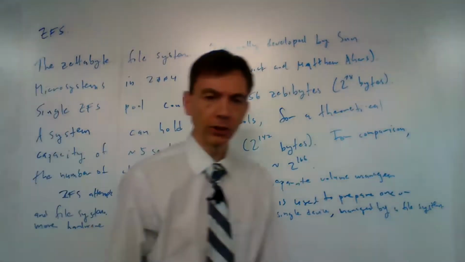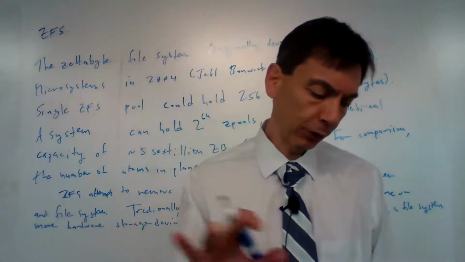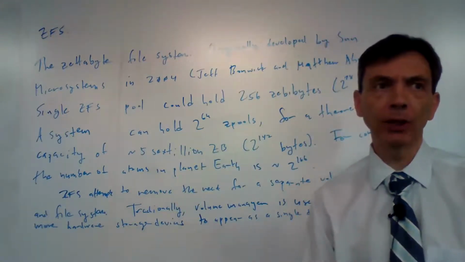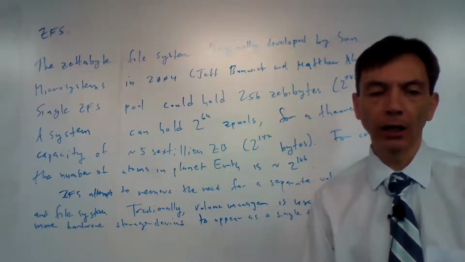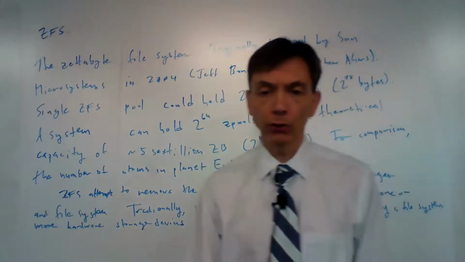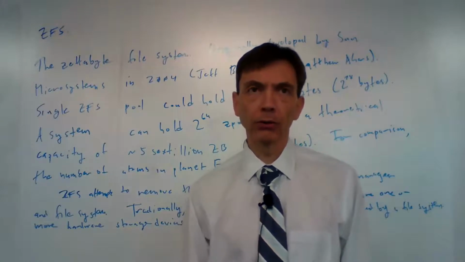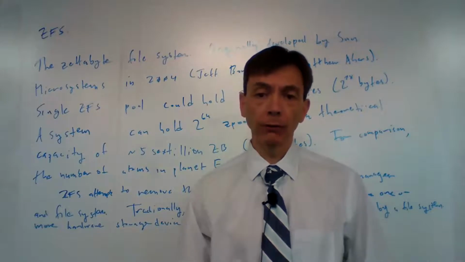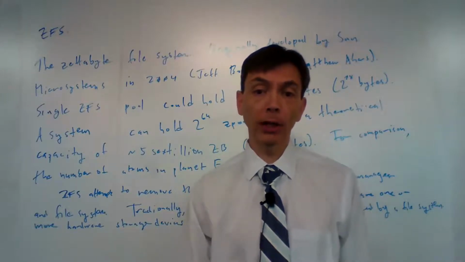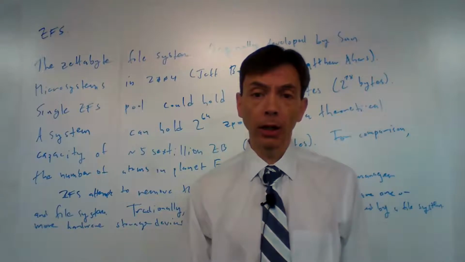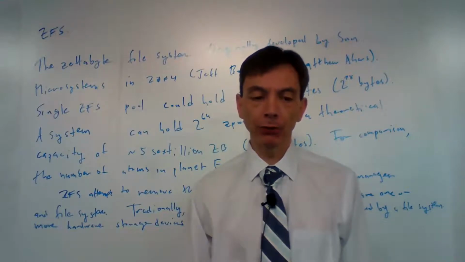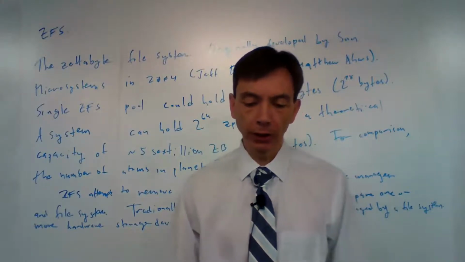Okay, and so ZFS is trying to encapsulate all of that into a single operation. And the nice thing about that would be then you would have the ability to do certain things, like if you needed more file space, you would simply jam another hard drive into your hard drive rack, and the volume manager / file system should automatically recognize that, hey, a new physical device was just added, and integrate it directly into the available virtual space with nothing else being needed by the operating system.